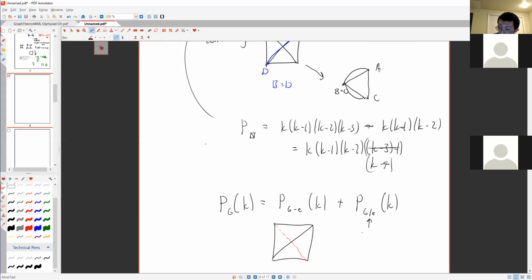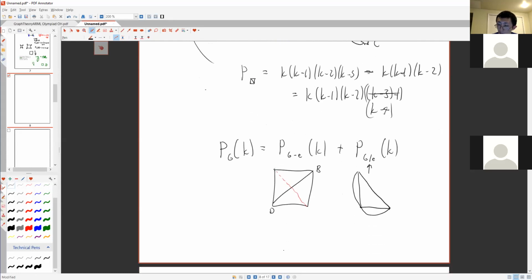This is where you contract the edge. I drew it in the wrong orientation, but basically B and D get contracted to be a single point, and you don't remove any edges except the one between B and D. So that's B equals D, that's A and C.